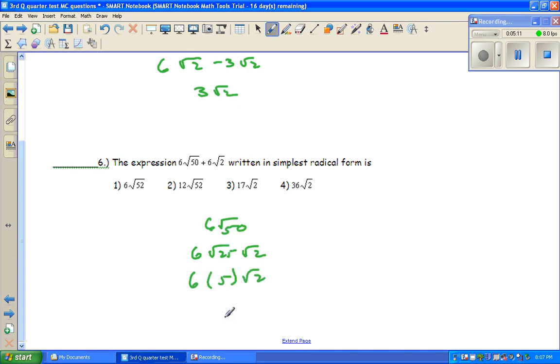Radical 25 is 5. So that's 30 radical 2. And the whole time we're going to bring along the addition of 6 radical 2, because that is in simplest form. Since they both have radical 2's, 30 plus 6 is 36 radical 2. It's 4.